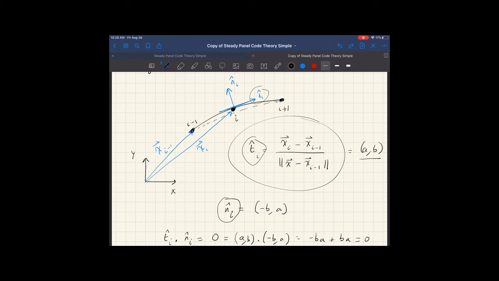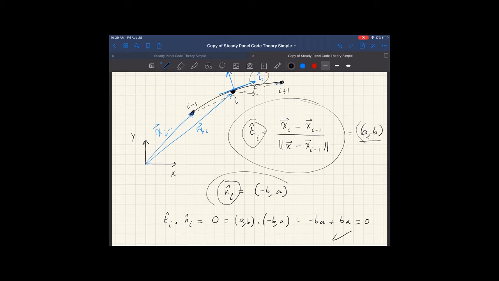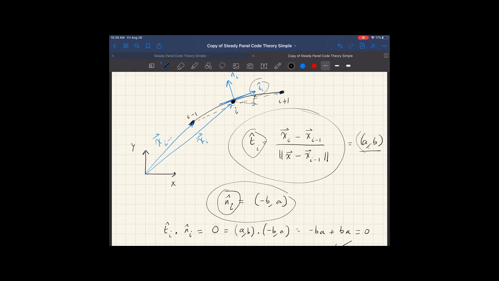So if t_i is b and a, assume b and a are positive. Thus b and a are pointing in this direction, because this is positive and this is positive. Thus, if we use minus b and a, that means now the x component of the normal unit vector is negative, and the a component is positive.